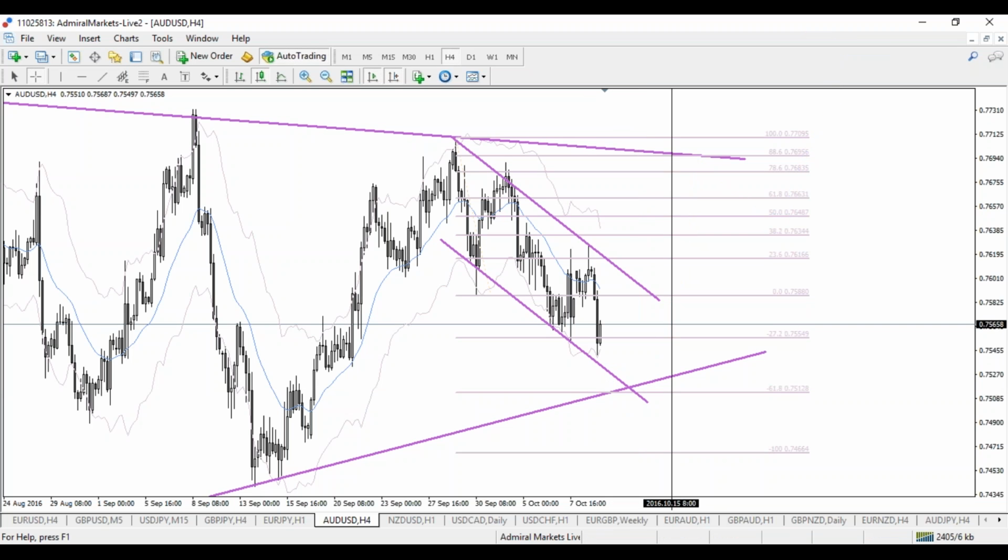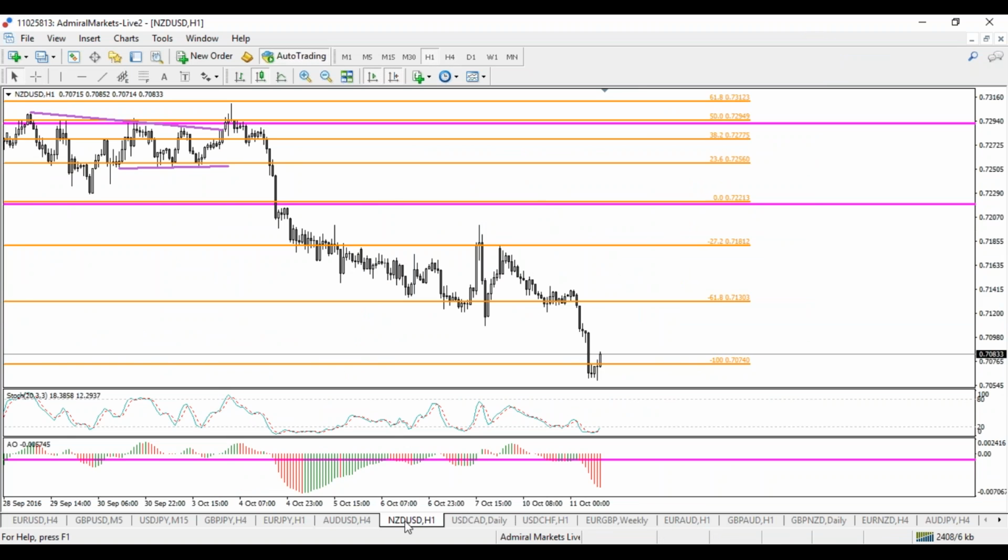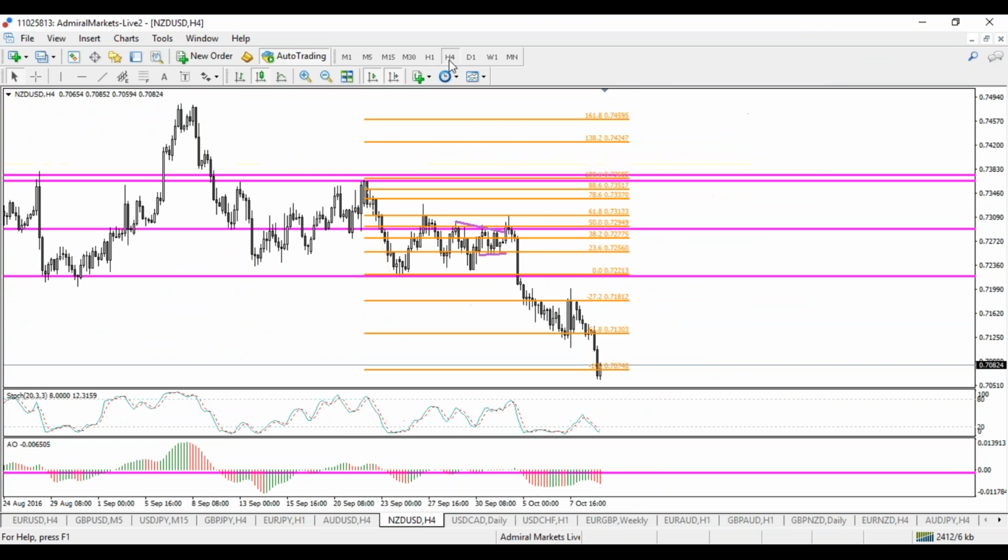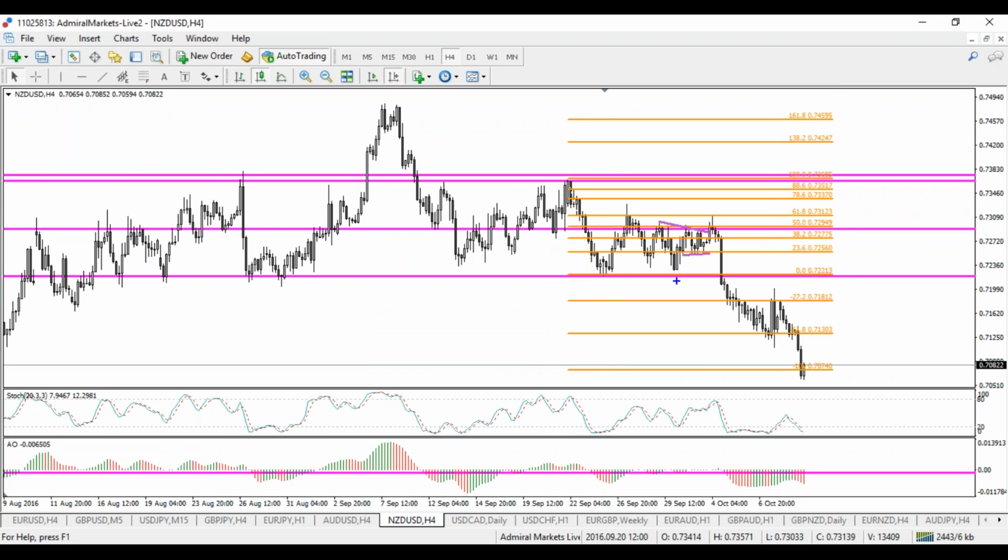I think that New Zealand is looking interesting, and we'll take a look at the New Zealand first. Now, it finally did break. It was quite complex, and that complexity made me expect a bit more danger than it really turned out to be.